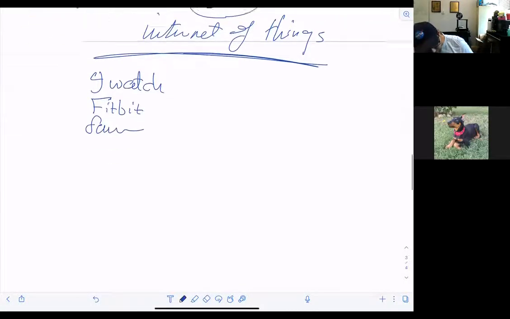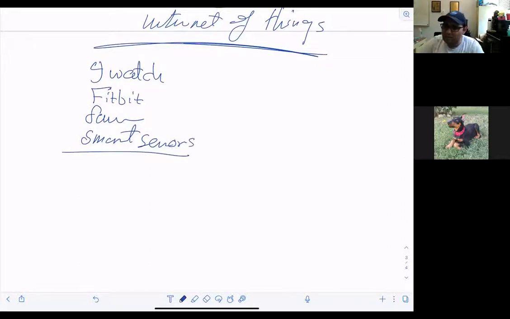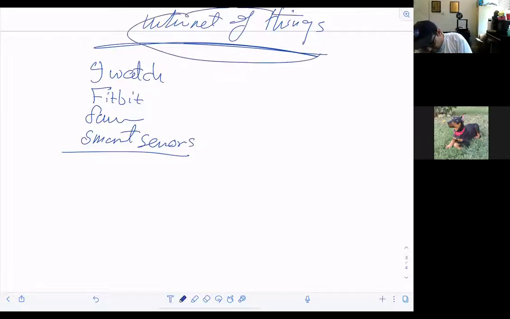Samsung watch, whatever, smartwatch, right? Smart sensors. Like, have you guys seen this light sensor thing? The smart light bulb? Yes. So by your phone, you turn it on and turn it off, right? Or you connect it to Alexa and then you say, Alexa, turn on the light. You know what I mean? Yes. That's Internet of Things.